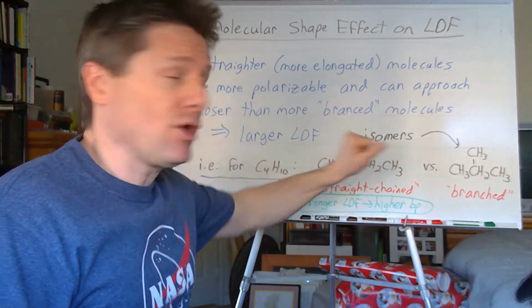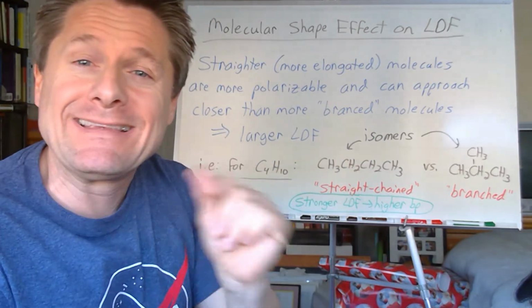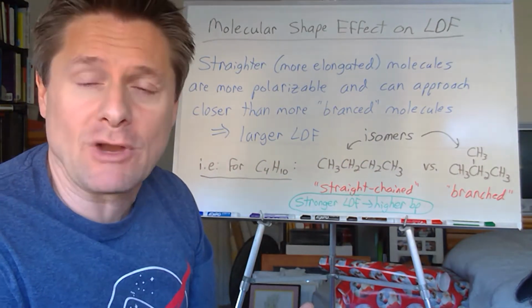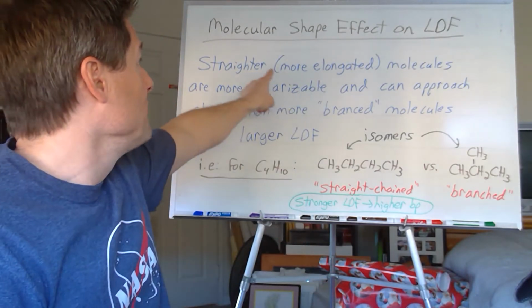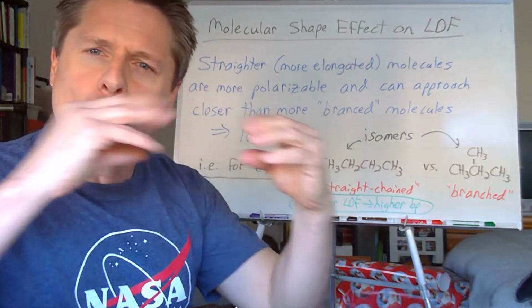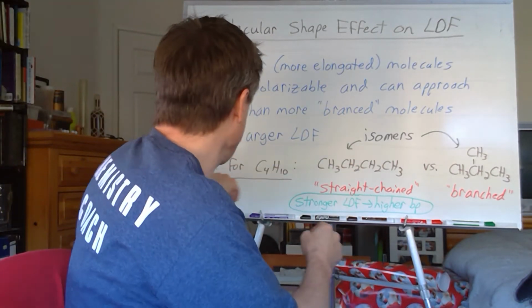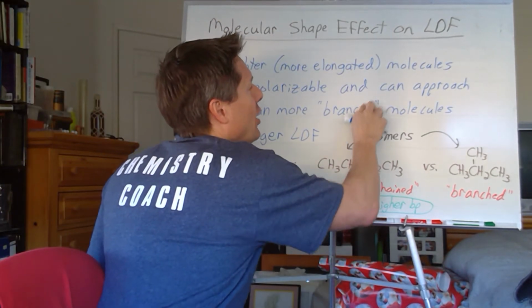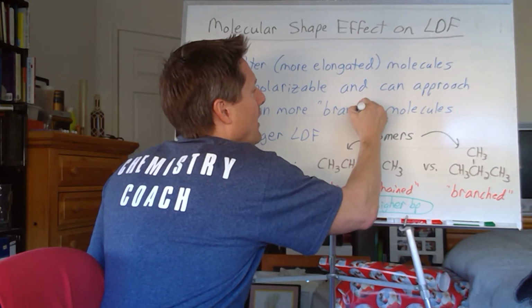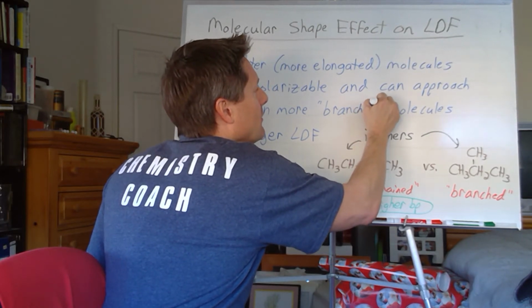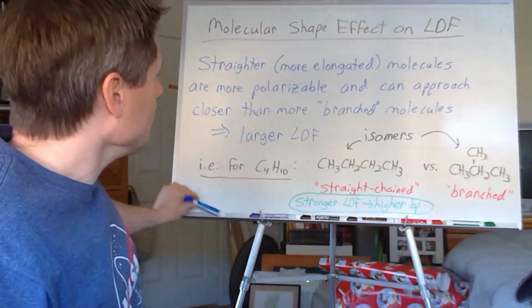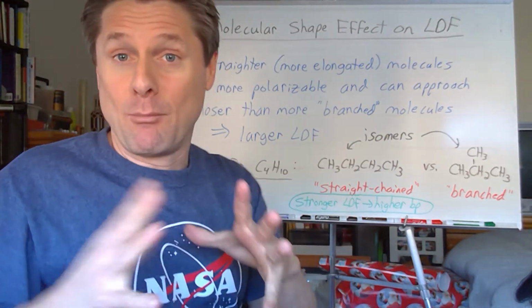So if you can get what are called isomers, 2 different ways to draw a Lewis structure for the same molecular formula. If you have straighter or more elongated molecules versus, I spelled it wrong, branched. Whiteboard spell check. Right? If you have more branched molecules, right?